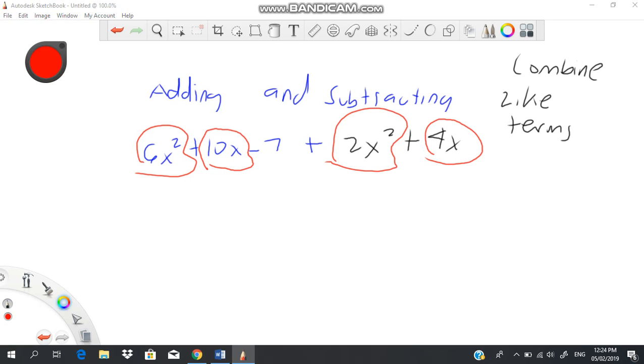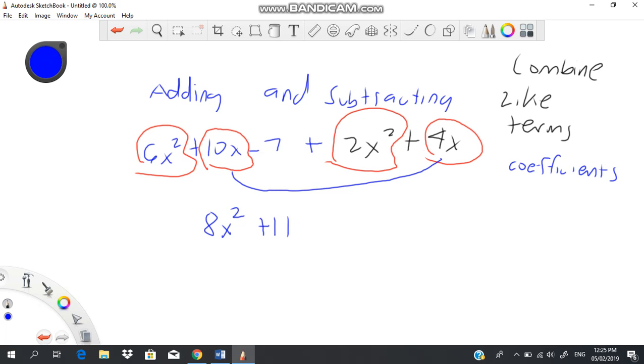Now let's add. Once you've done combining like terms, you add their coefficients. So 6x squared plus 2x squared equals 8x squared, because 6 plus 2 is 8, and just copy their variables. Then 10x plus 4x, that's 10 plus 4, that's 14x.